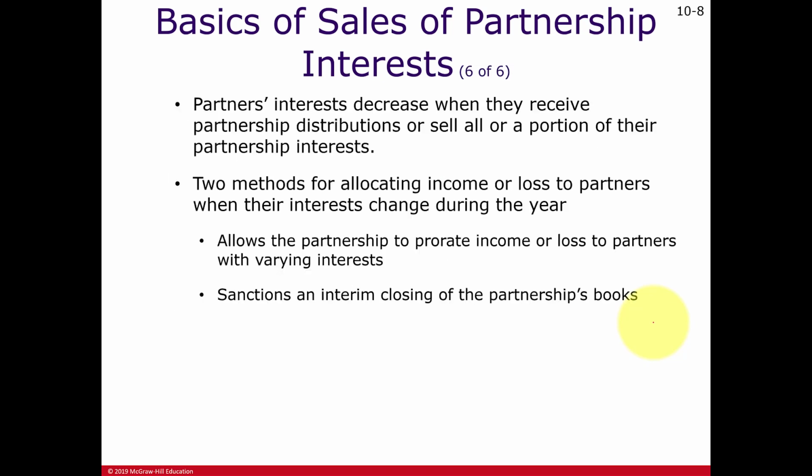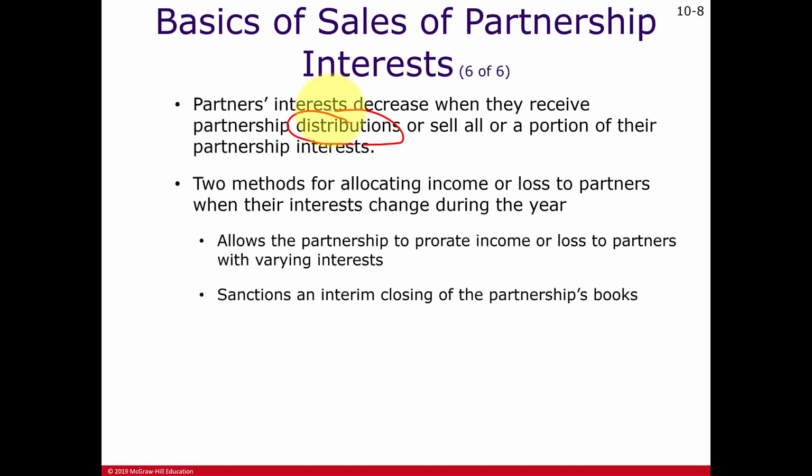And just the opposite, if the partner takes a distribution, and that's one of the topics here in this chapter, that's going to reduce the partner's basis. Or if the partnership has a loss, the partner's share of that loss is going to reduce the partner's interest.